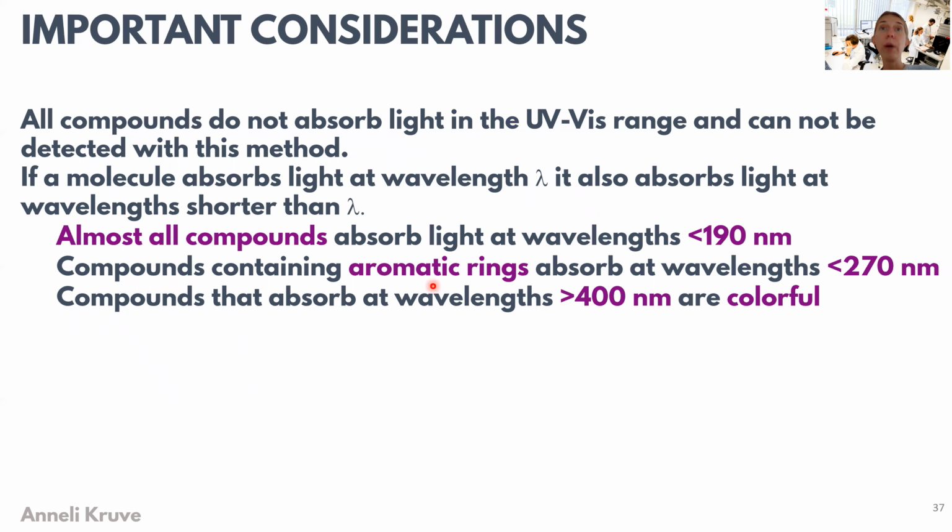If we have aromatic compounds, they almost all absorb at wavelengths lower than 270 nanometers. And if we have compounds that we can already see with our eyes are colorful, then it is very possible that we can measure them at 400 nanometers or above.